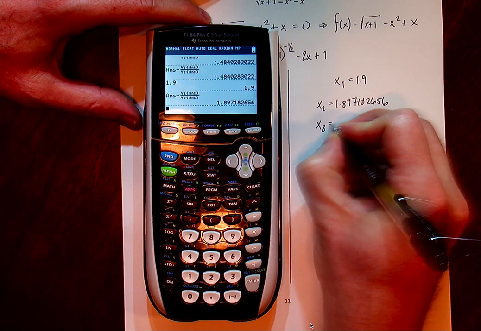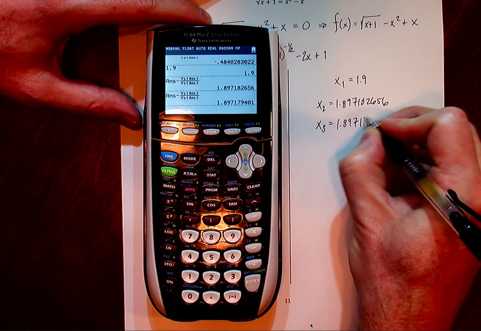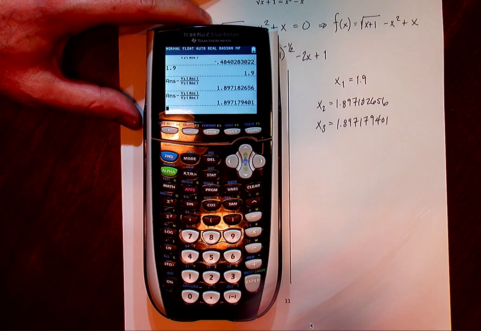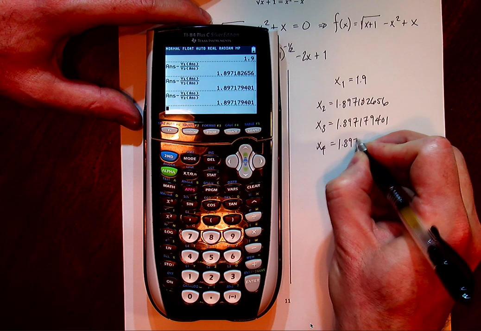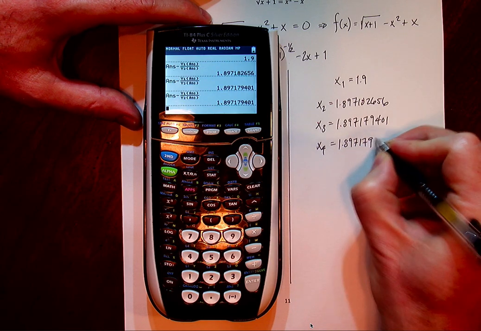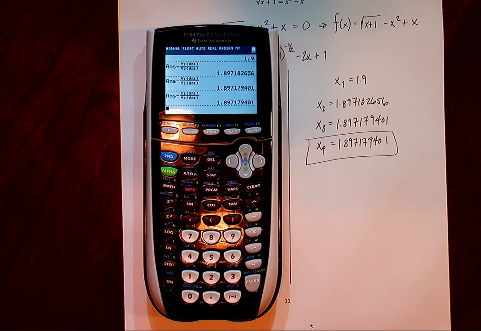Your next one is 1.897179401. Your x sub 4 is equal to 1.897179401, and it has not changed from your x sub 3, and therefore that is your zero.